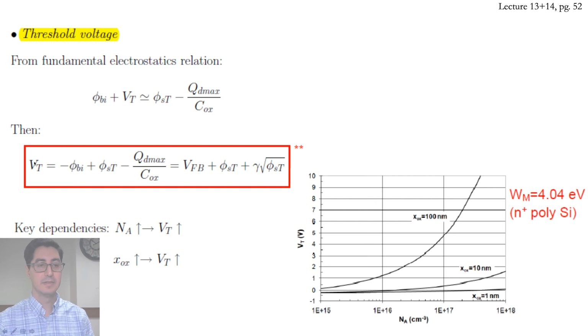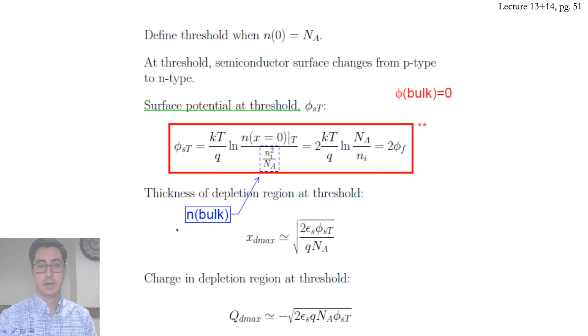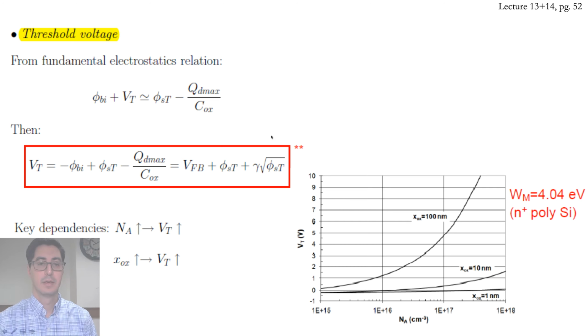And the key dependency of the threshold voltage is that as NA goes up, VT goes up. How do we see that? Well, as NA goes up, we can see that phi st increases, right? It's increasing logarithmically, so it's increasing slowly. But phi st is really just increasing logarithmically.